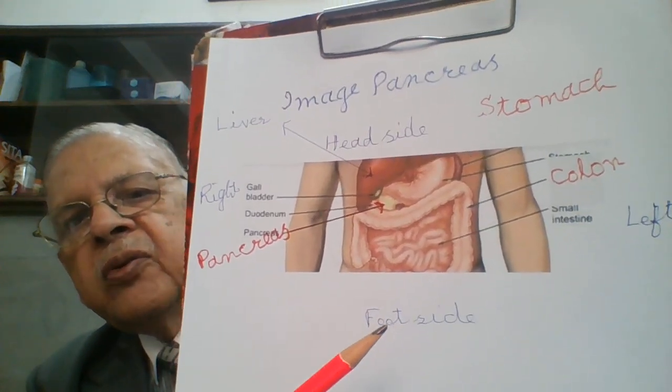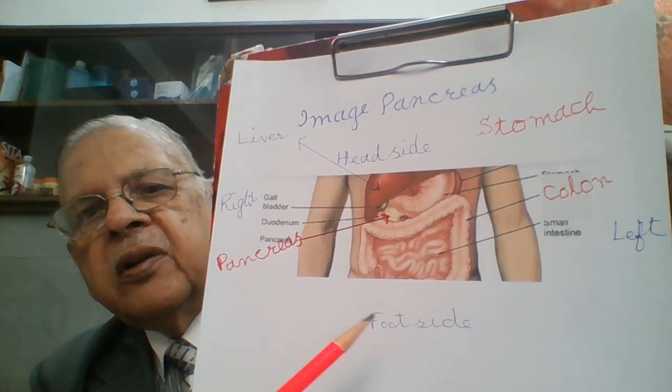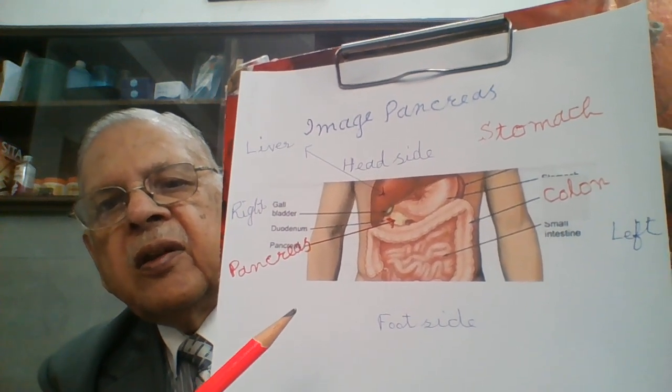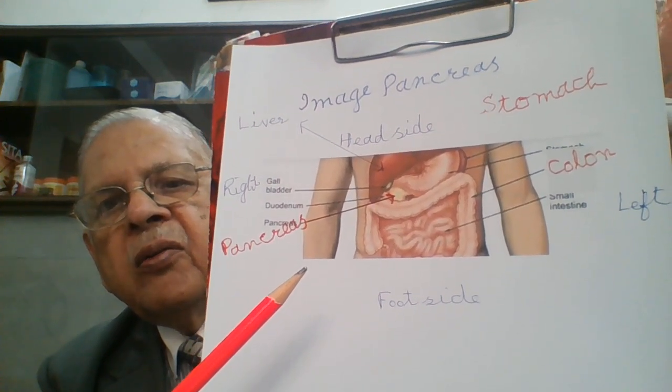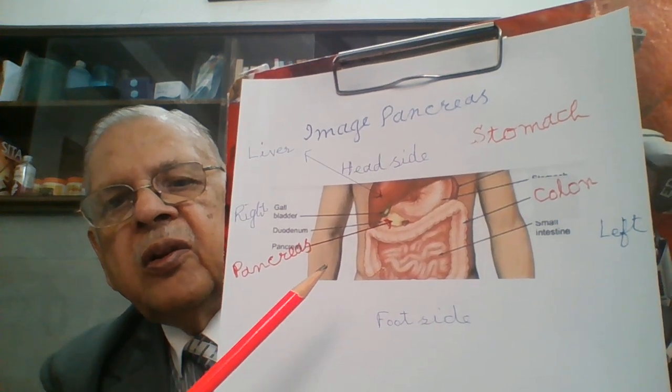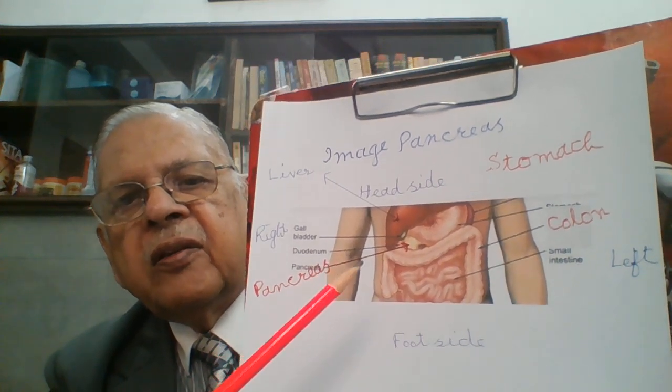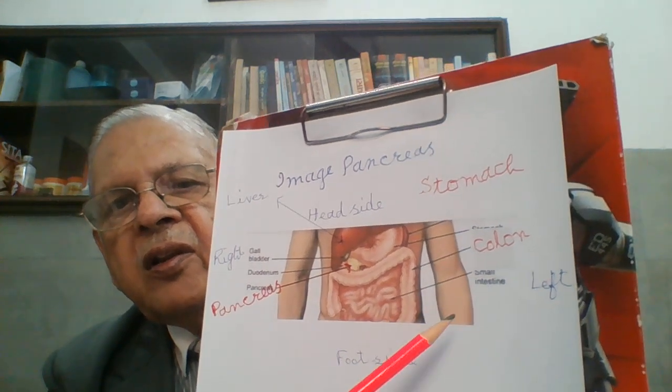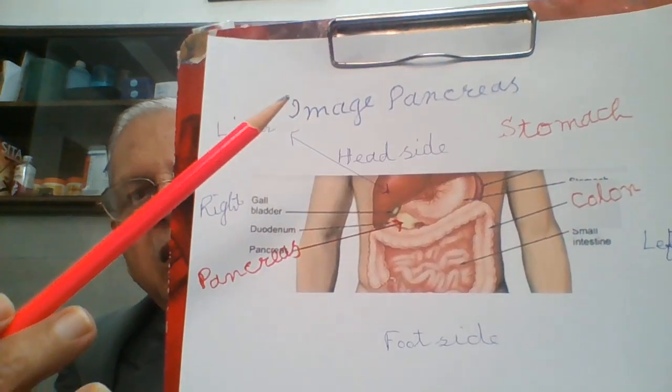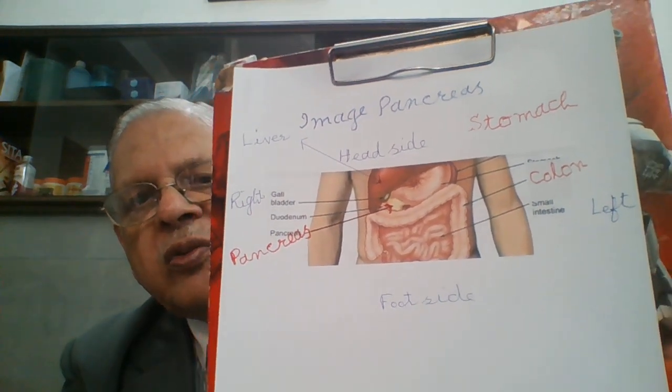I am bringing it close to you to make you conversant. The pictures are somewhat inverted when I am pointing out, but when you see the video, you will understand that this is the right side, this is left side, this is the head side, and this is the foot side.